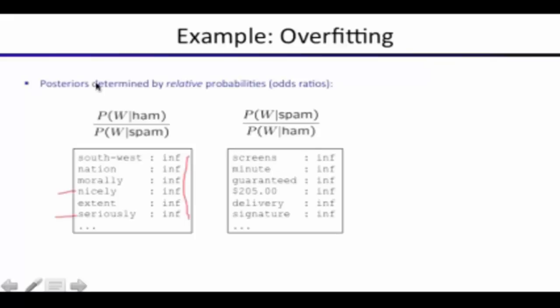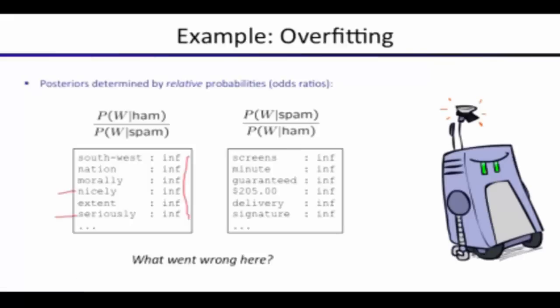And all of this happens because the particular way this was learned is it only looked at the frequency in the training data, and if a word never occurred, then you thought the probability was 0, right? So these infinities are coming because you're dividing a positive number by 0. So, not good.